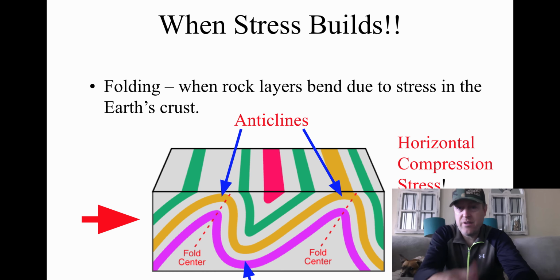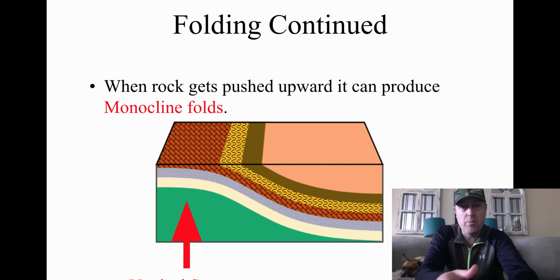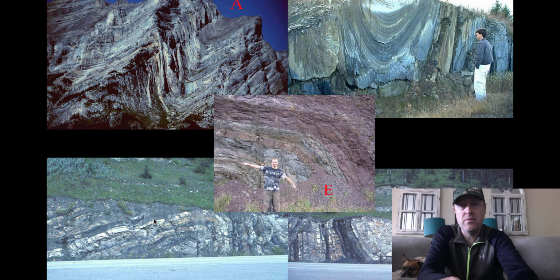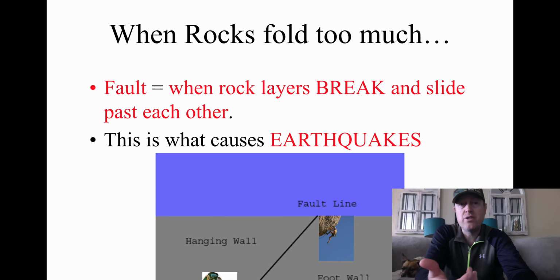So we get these different foldings in the rock. Don't worry about this stuff for now, but this just shows different layers in the rock, and we would see roadside cutouts like these where the rock has been bent and stressed and folded over time. An earthquake is eventually when this actually breaks, and we have something called a fault line.